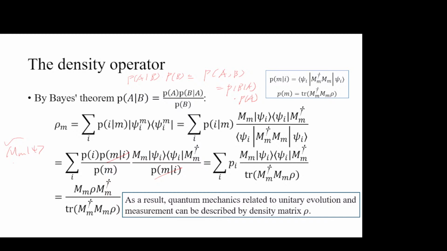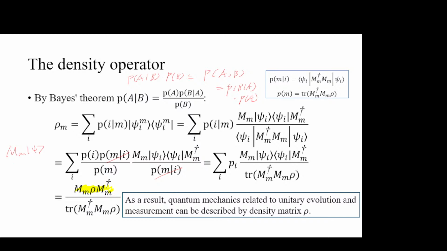So the quick way to memorize this is that your post-measurement state is just your state sandwiched with the measurement operator: M rho M dagger.